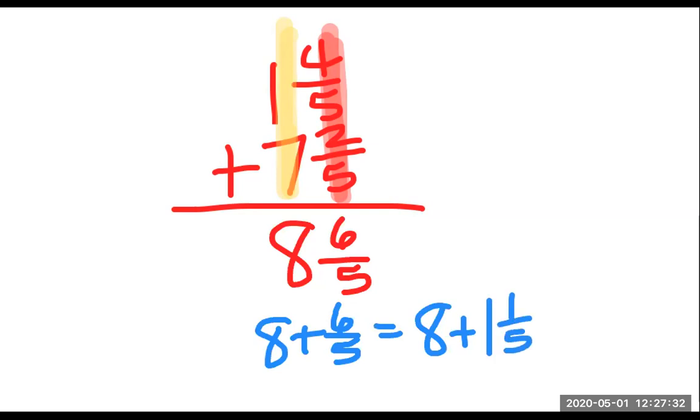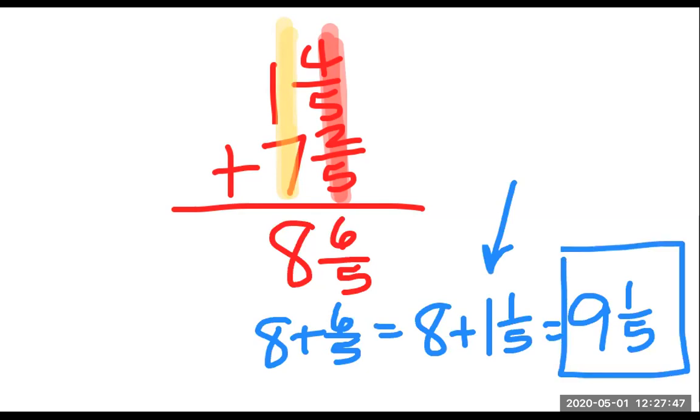Because there are 5/5 in 1, plus 1 more would be 6/5 altogether. So now we need to combine our whole numbers, 8 plus 1, and then the fraction. This is what you would put the box around. That would be your final answer.